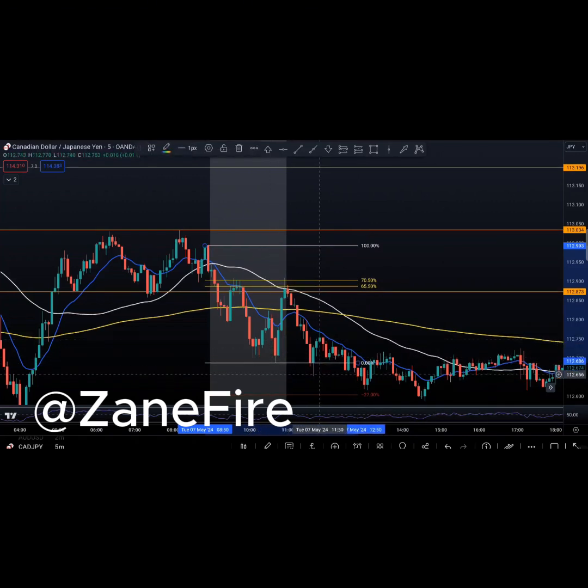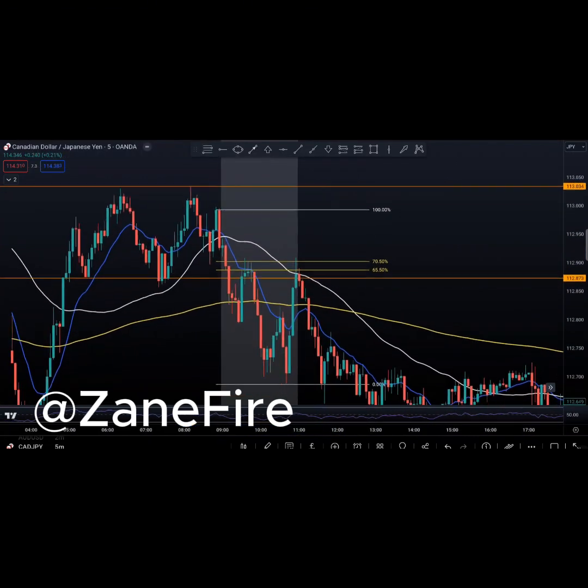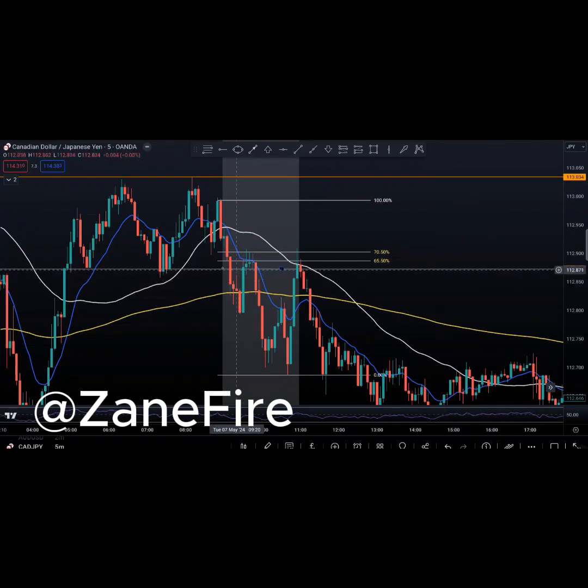The reason I would have done this is because if you look here, my orange line, like I said before, signifies a key area on a 1 hour time frame, and a 1 hour time frame, no matter the pair, is very powerful. So what I see here is I see a 3-wick rejection.